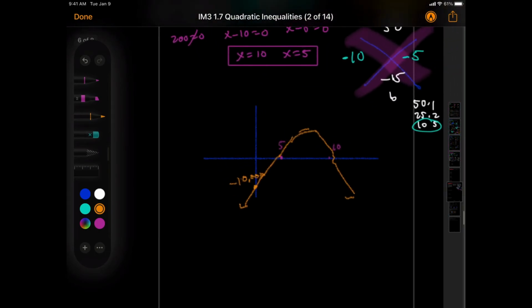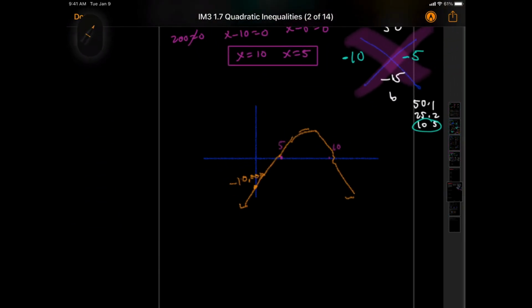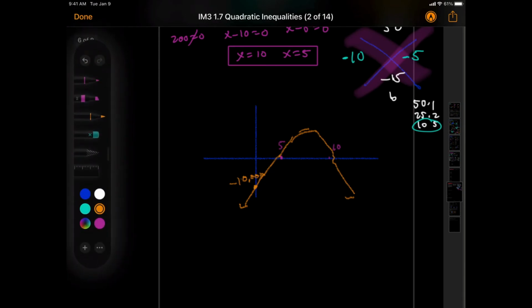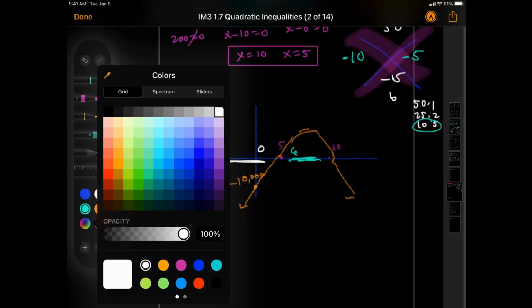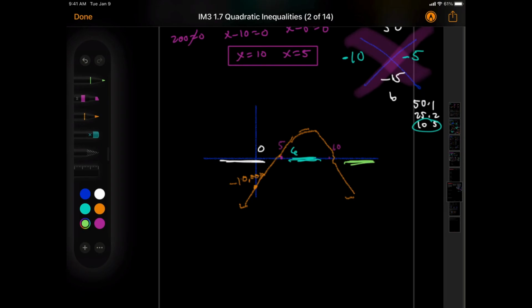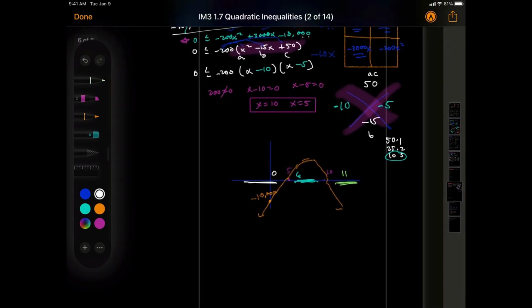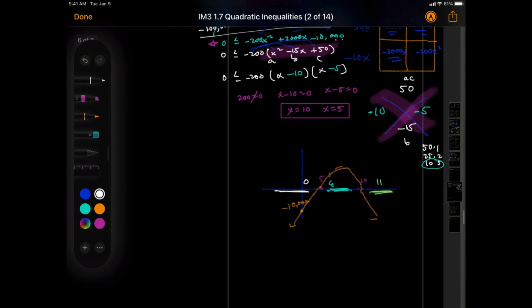And basically we're just testing the regions now. So which regions or intervals should I test? Well, over here in the white, you pick a number, that would be 0. I want to pick a number between 5 and 10. I'll just pick 6. And then a number bigger than 10, let's pick 11. And you can go back up to that star and just compare it to 0.